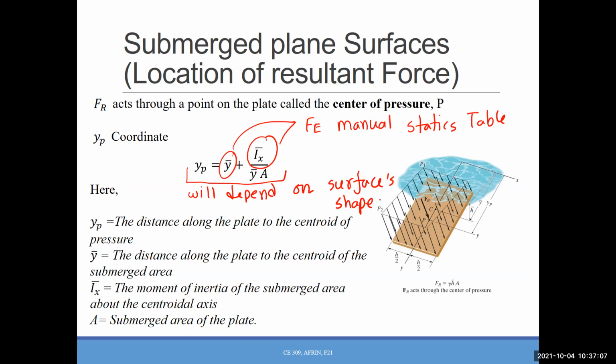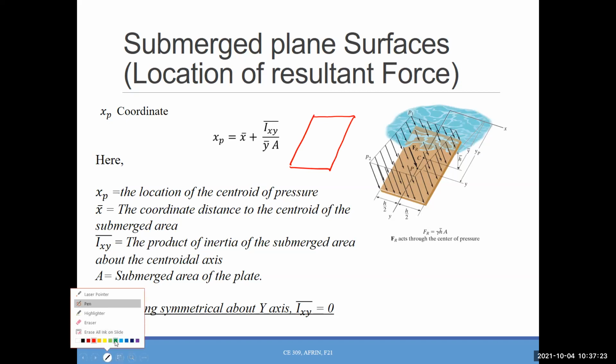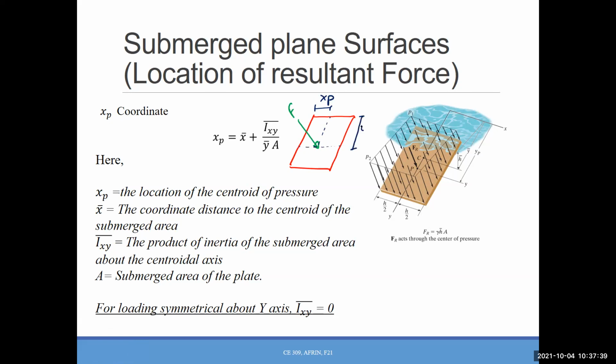Second page, the circular one, right? So this is important, and this is the YP, and the next one is XP. Again, you have the equation. So if I just draw a quick schematic diagram here, that is the F. So from this part, that is XP. And this part, this is Y. Okay, and that's what we will calculate.